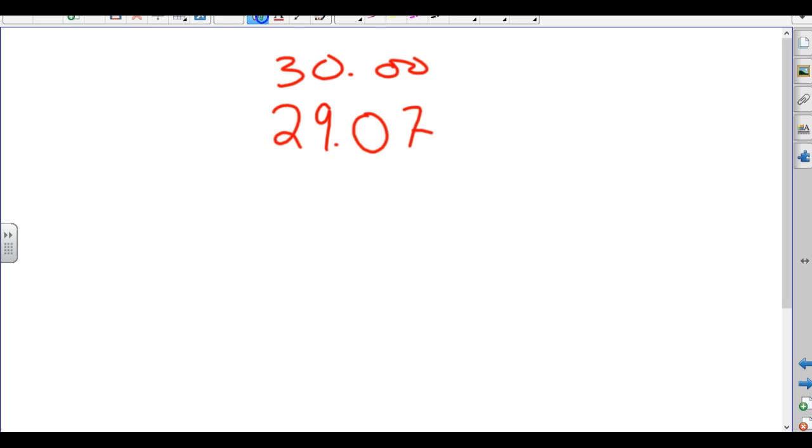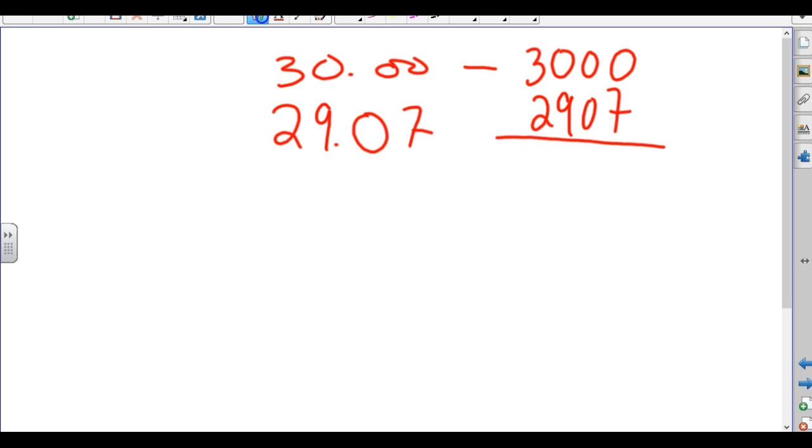I'd want to do that conversion process that we just talked about and make this 30 with 2 zeros, so 3,000, and make this 2907. Then I subtract. Round off error is gone. I'm dealing with this just as straight ints. Subtract, and since I told you you can just deal with the dollar difference, I'm not doing the challenge version, I'm just doing the version that's required. When we subtract, we get 93.